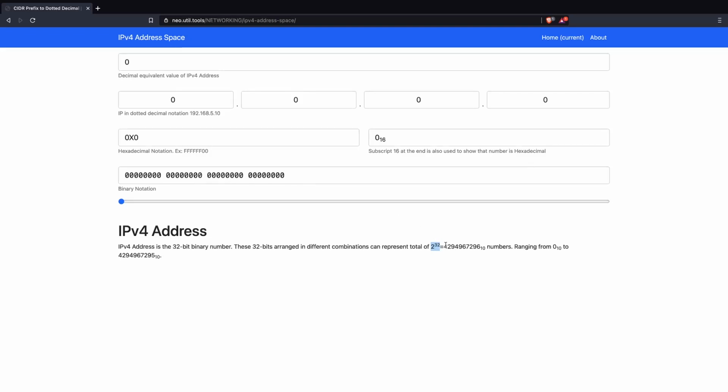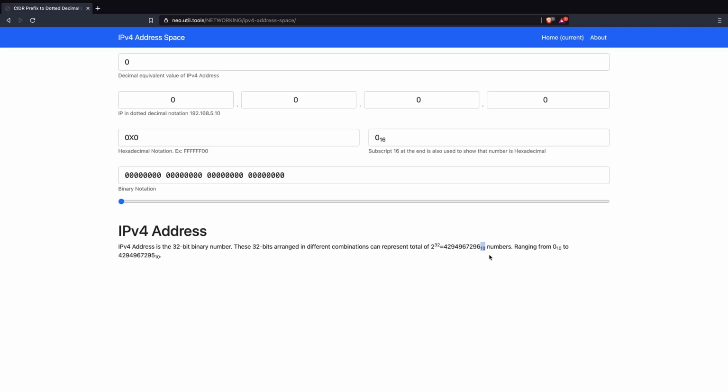So in total, using a 32-bit binary string, you can represent approximately 4.2 billion numbers. What is this suffix I'm using? This is the number system. Do you understand? This is called the radix or base.